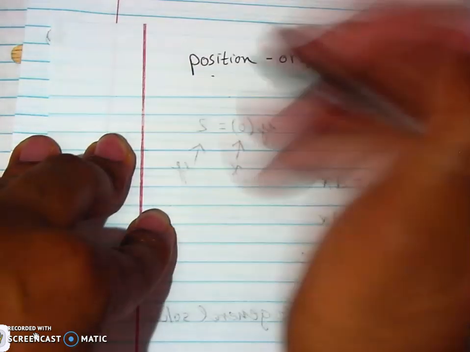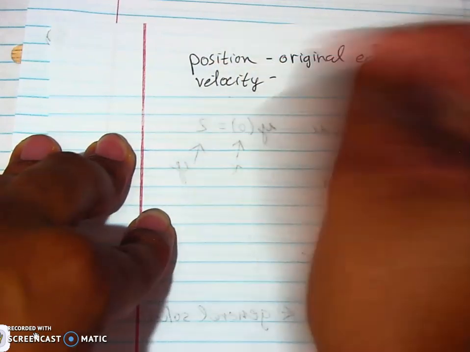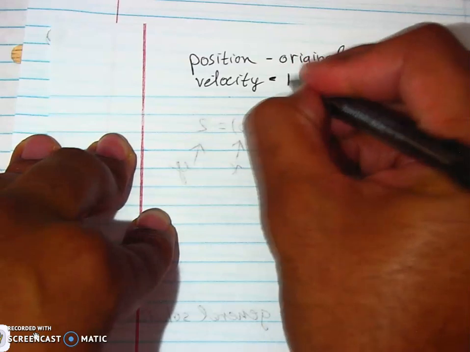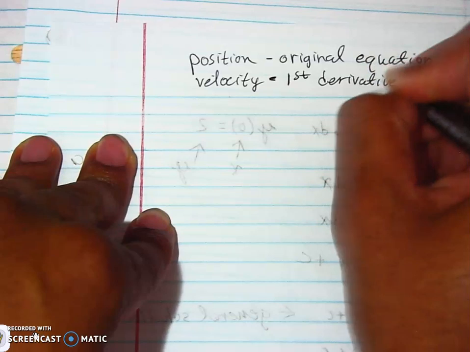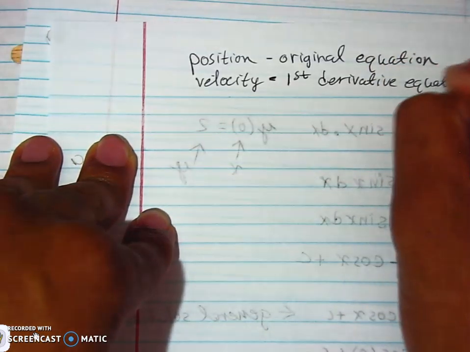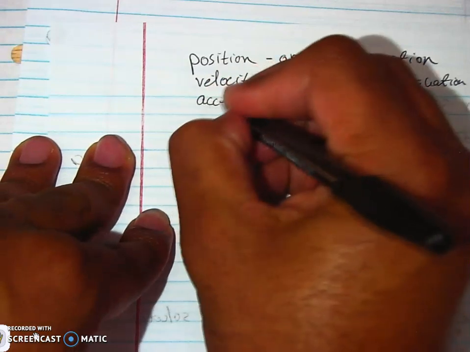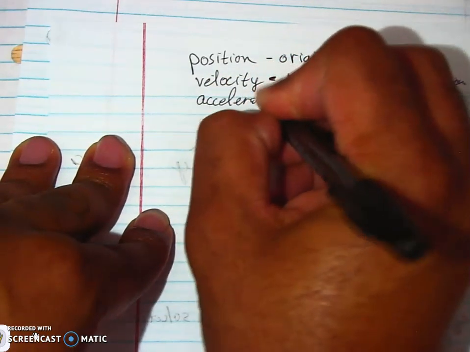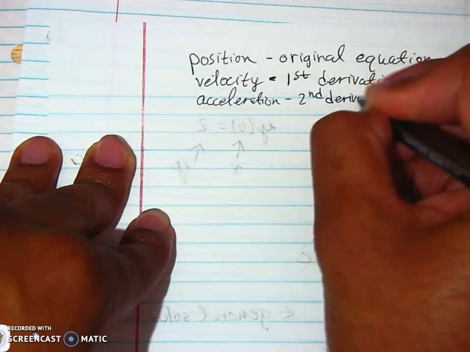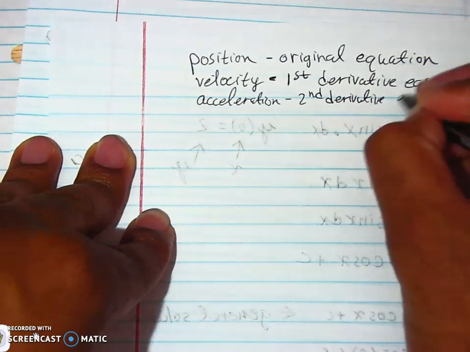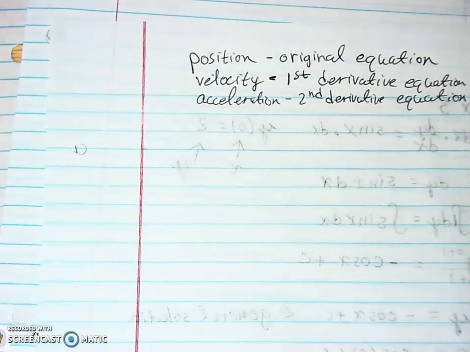When it comes to our velocity, that's our first derivative equation. And then acceleration is our second derivative equation.